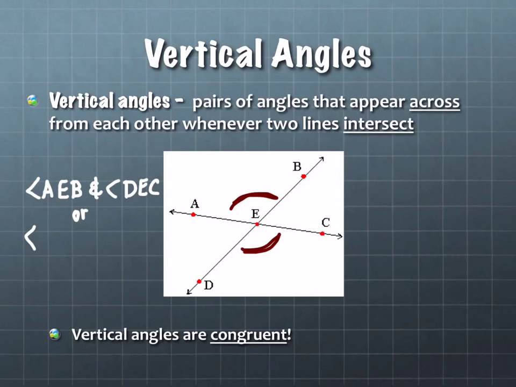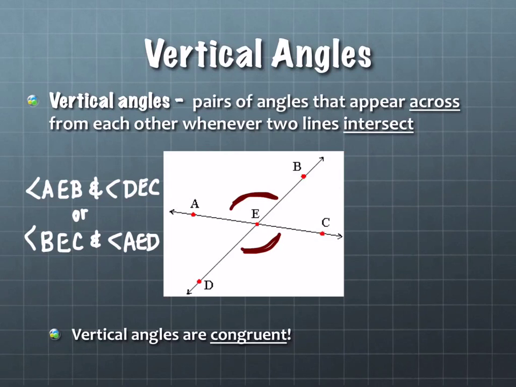Another pair of vertical angles would be what? BEC and what, Catherine? AED. Okay, is everybody okay with the location of those?